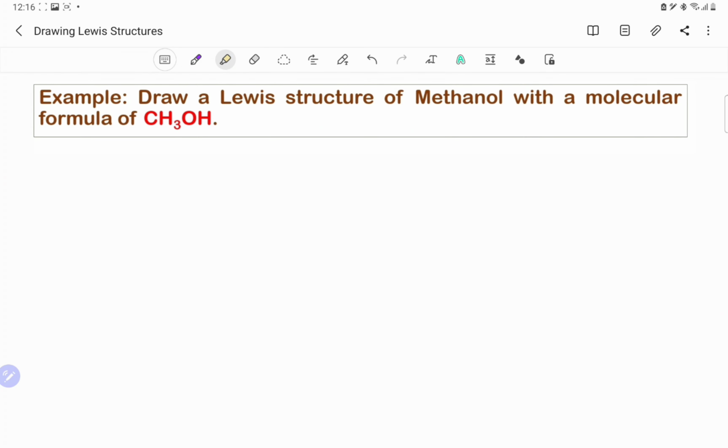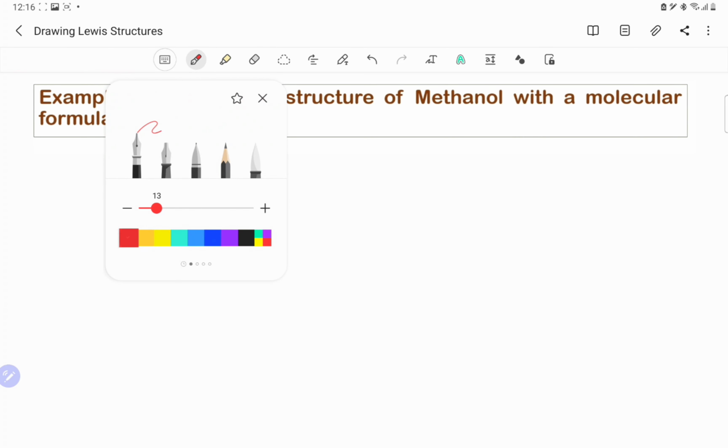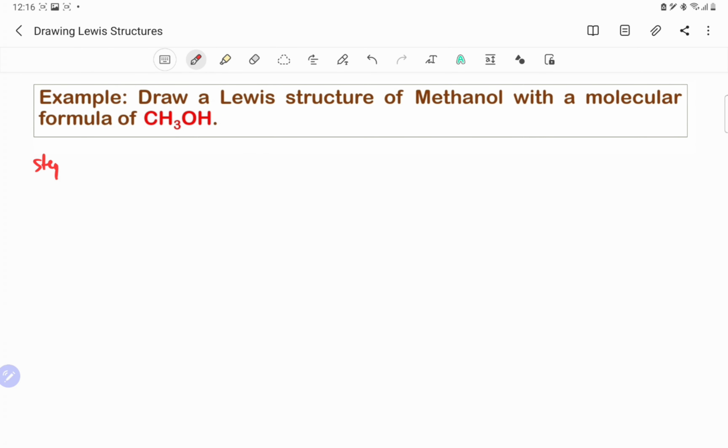Another example is to draw a Lewis structure of methanol with the formula, no, this is not the molecular formula but the chemical formula, CH3OH. So step 1, find the valence electrons. We have carbon, hydrogen, and oxygen.